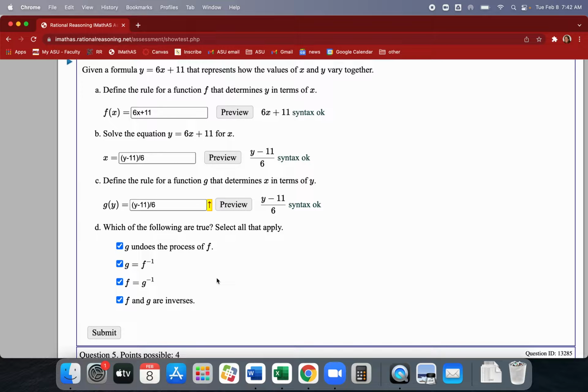If I were to say something like g of t equals t minus 11 over 6, these two formulas, when you plug in a value, you get the same pairs of values. The only difference between these is if there's a specific meaning that the person reading it has for what t stands for, what y stands for, etc. The symbol that you use as the input to a function isn't really the important part in the end.